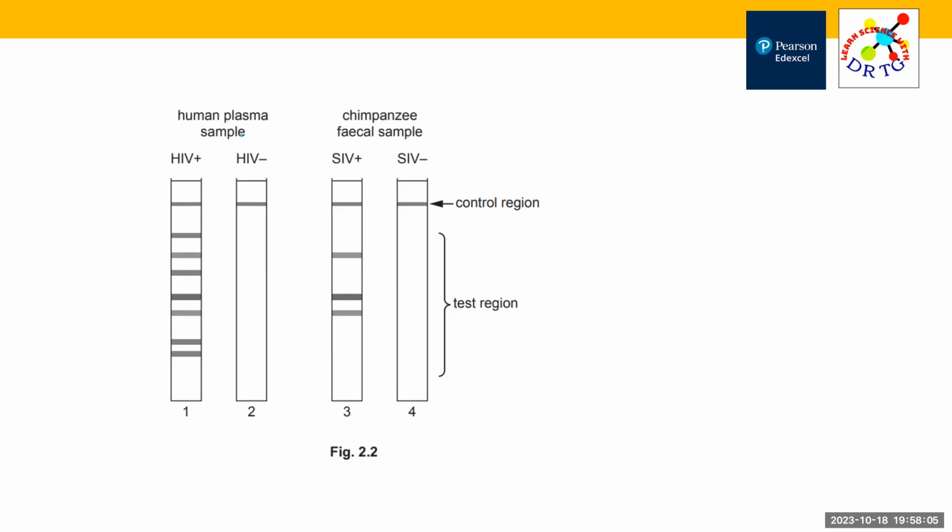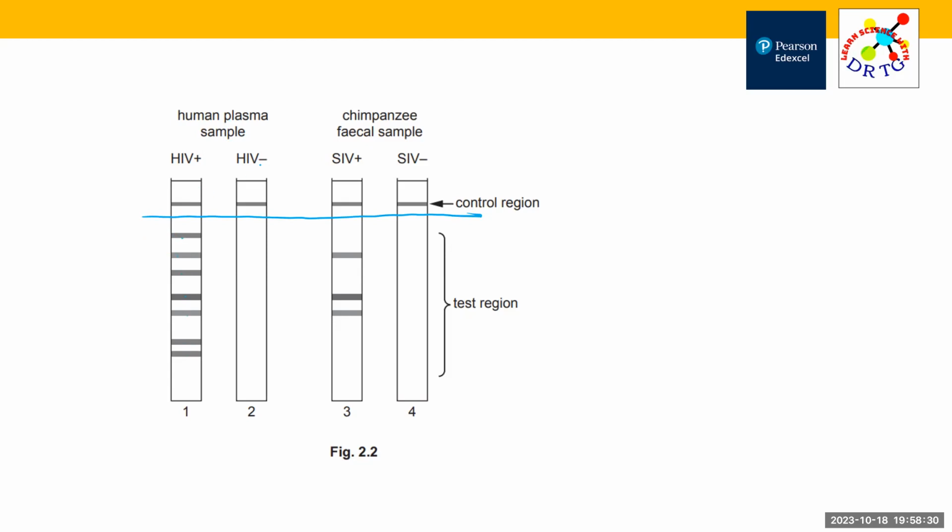Human plasma sample, HIV positive, you can see the tested region is this region. Here, these are the antigens, all give a positive result when it has antibodies for HIV.